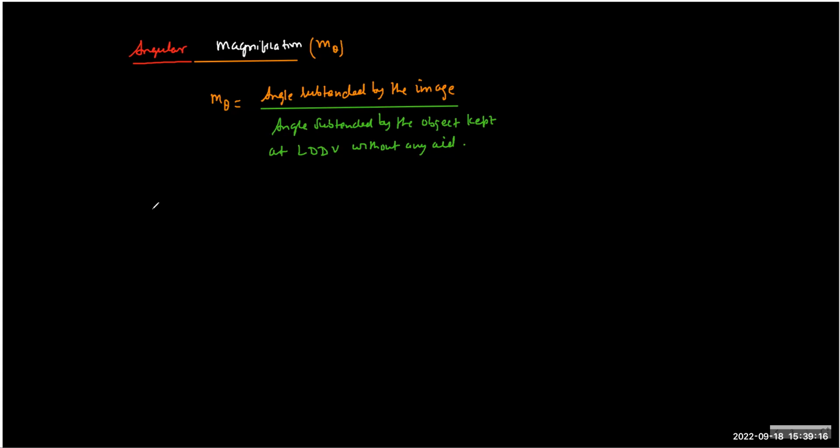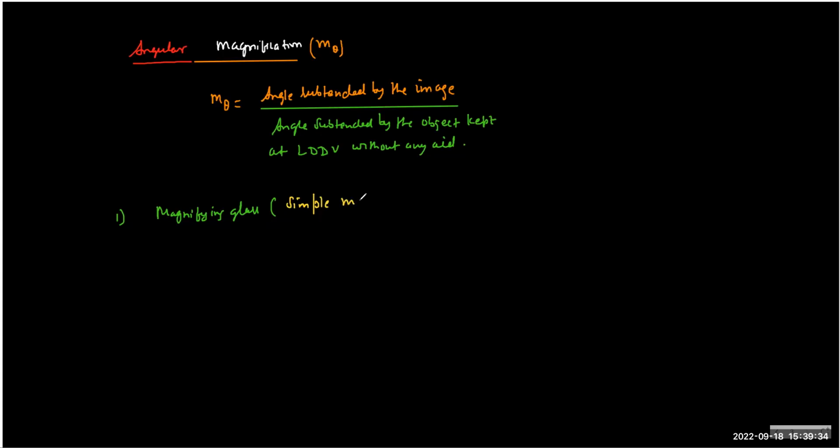In the series of optical instruments, the first optical instrument is called the magnifying glass, and we call it a simple microscope.